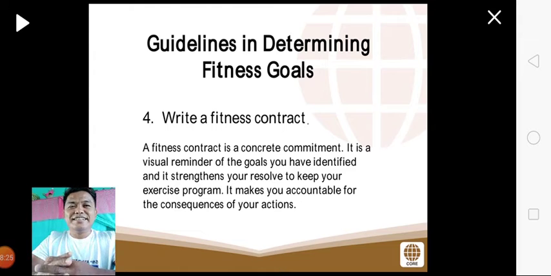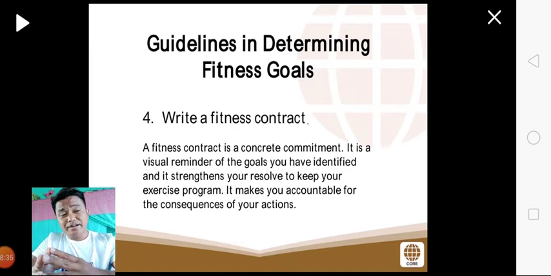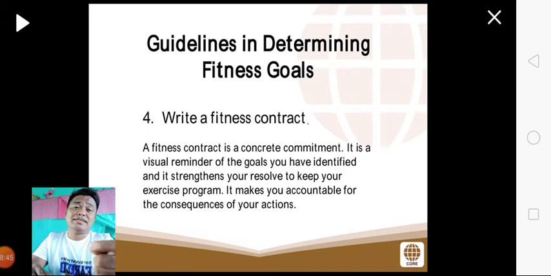Okay. Number 4, write a fitness contract. So, as what I've said, depende sa siguro na. So, optional na ning fitness contract. Maybe, fitness contract, siguro, if you're going to go with the gym, with the instructor, siguro pwede na. Pero, in your own, pwede na siya.